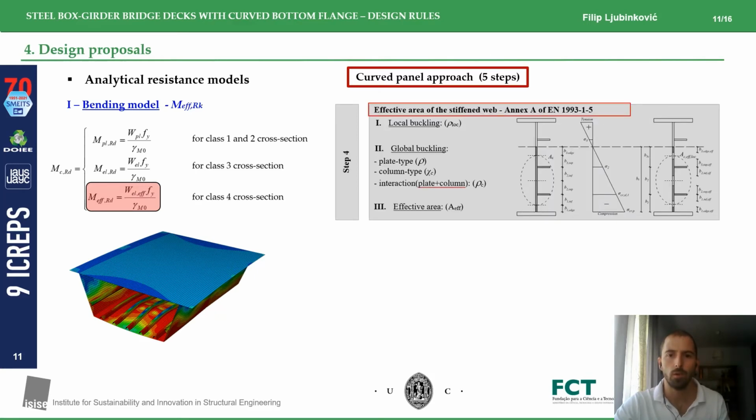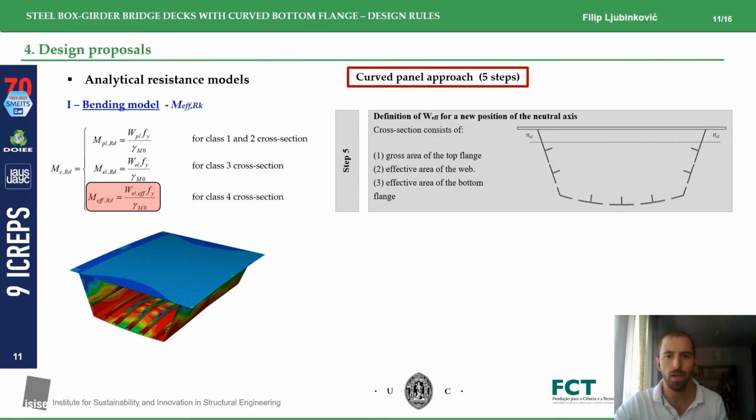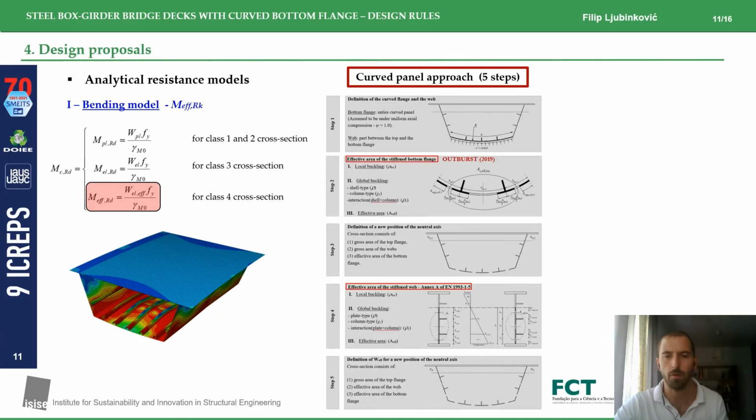And then in the 4th step, for this new position of the neutral axis, we calculate the effective properties of the flat webs. And then finally, in the 5th step, we have the effective properties of the entire cross section, so we can substitute this value in this formula for the bending, and this is how the bending resistance is obtained. All 5 steps of this model are summarized in this flow chart.